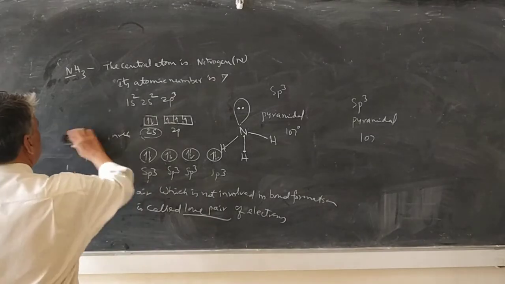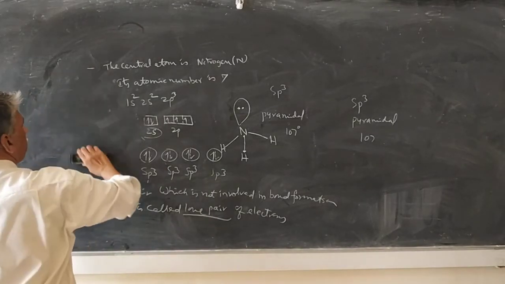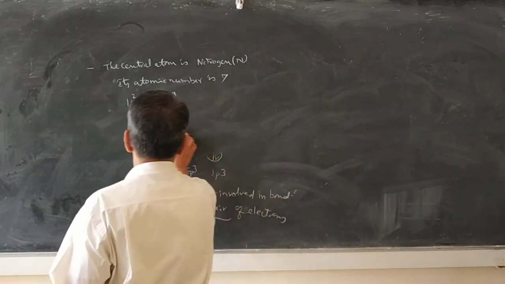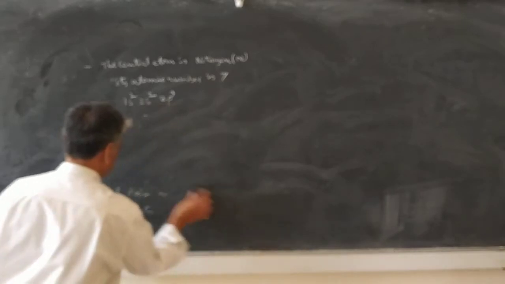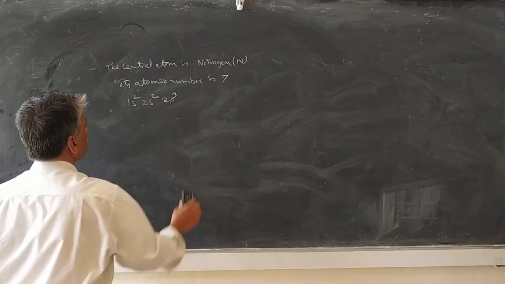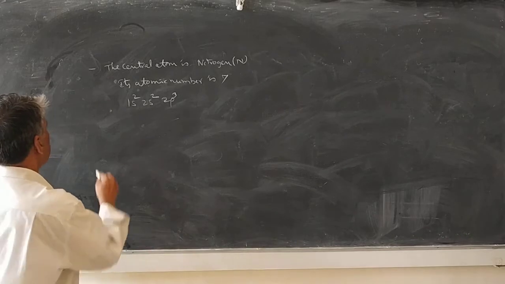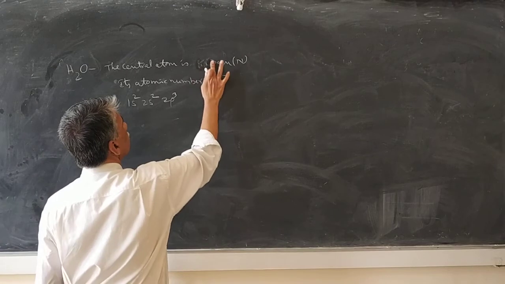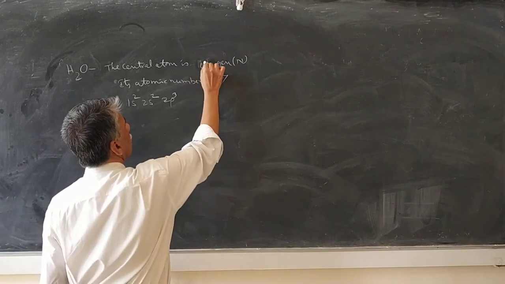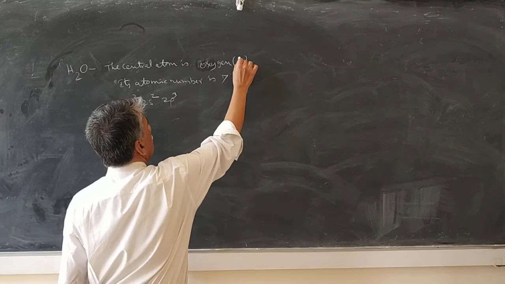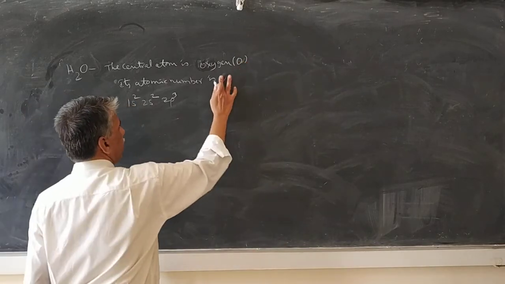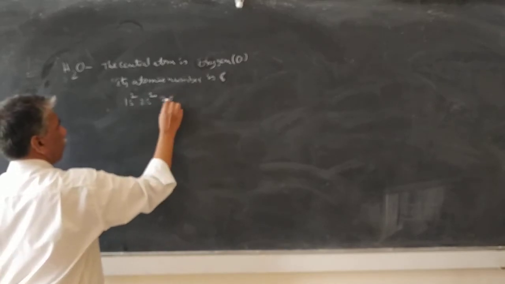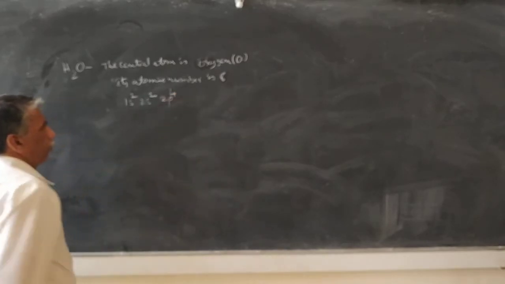Let us take one more example, the water molecule. If you take the water molecule, here the central atom is oxygen. Its atomic number is 8 and its electronic configuration is 1s2, 2s2, 2p4.